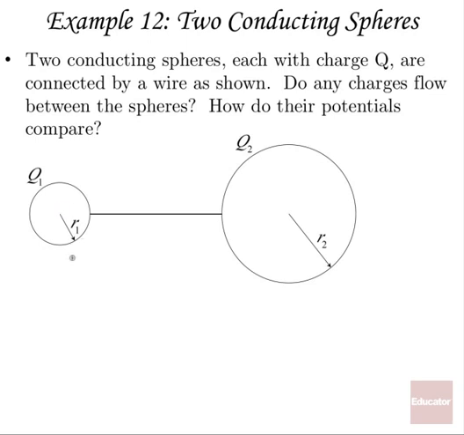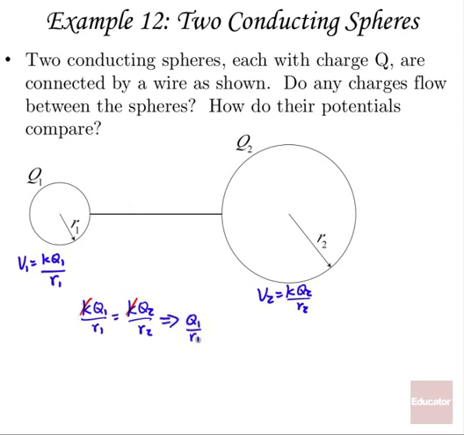That means if we look over here at Q1, V1 equals K Q1 over R1. Over here on the right-hand side, V2 equals K Q2 over R2. And because the potentials must be equal, K Q1 over R1 must equal K Q2 over R2. Nice simplification we can make there. Divide K out of both sides. Therefore, Q1 over R1 equals Q2 over R2.